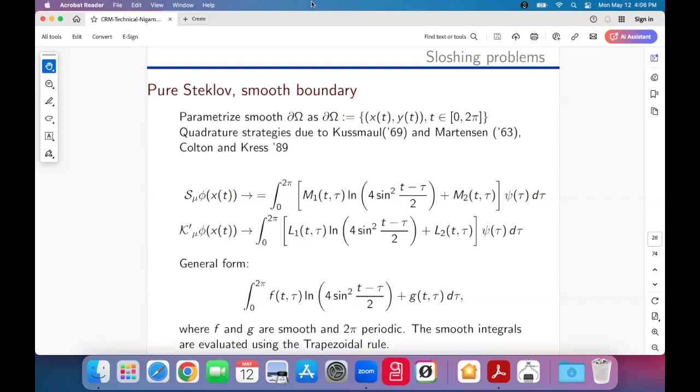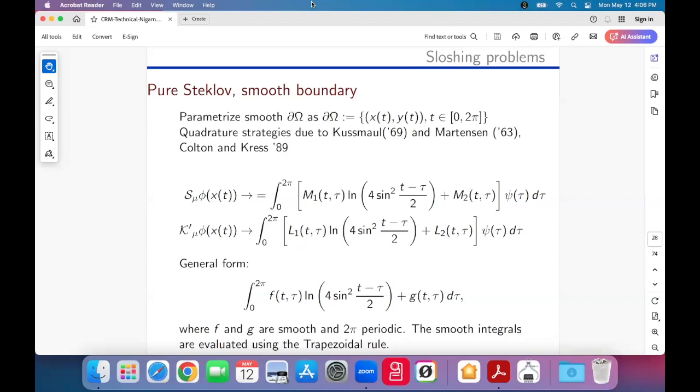So the general form of integrals you need to compute on the plane, but here your integral is only around a curve parameterized from 0 to pi, it's of the form some smooth function times the log of sine squared of t minus tau. So whenever you have a smooth integral, no singularity, just use the trapezoidal rule.